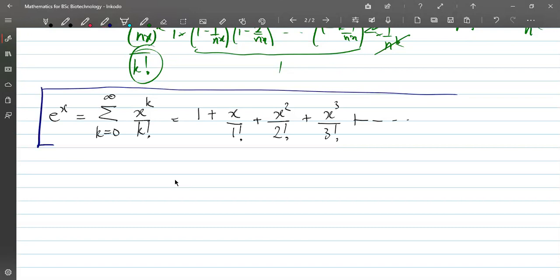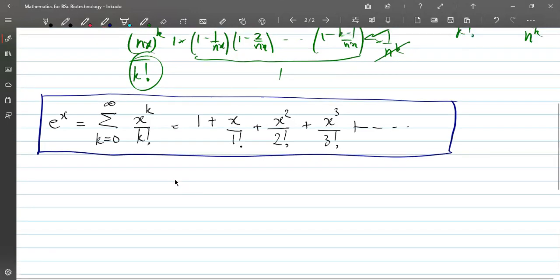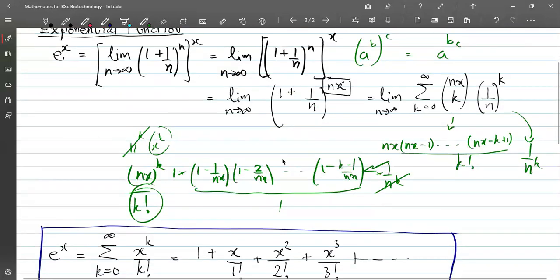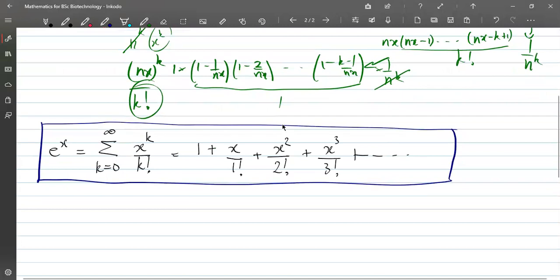So you have to take this as a result that you need to remember. E to the power of x is this series. So even if you don't understand the derivation completely right now, that's okay. But please remember the result. E to the power of x is given by this.